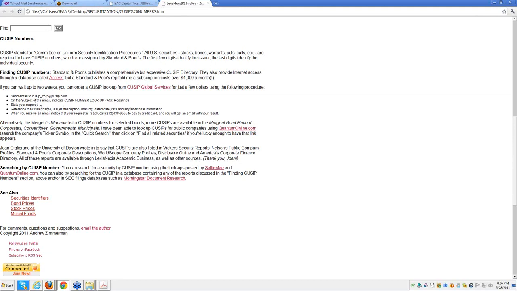State your request. Reference the issuer name, issuer description, maturity, rate, and any additional information. In fact, here's the telephone number, 212-438-6565. To pay by credit card, and you will get an email with your result.